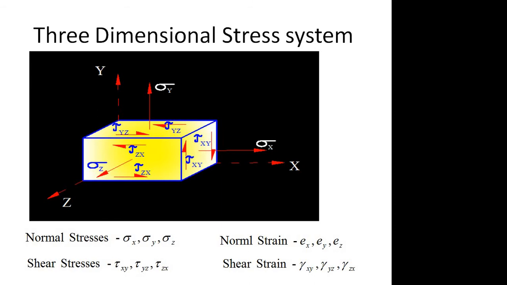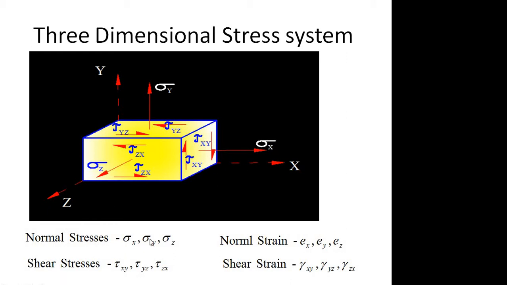So let us assume a rectangular block with x-axis, y-axis and z-axis as shown here. Due to the external loading, it is acted upon by normal stress sigma x along the x direction, sigma y along the y direction and sigma z along the z direction.